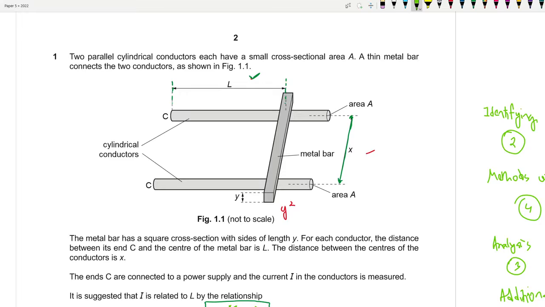Okay, the EMF of the power supply. So to measure L and X, since these are quite long, what instrument do you think we need? If you have longer lengths, you're going to go for a meter ruler or a ruler, okay. But look at Y. Y is much smaller, right? So you are going to go for a more precise instrument like a micrometer screw gauge, or vernier calipers or digital calipers. Do you get what I mean? So that's it for methods of data collection.